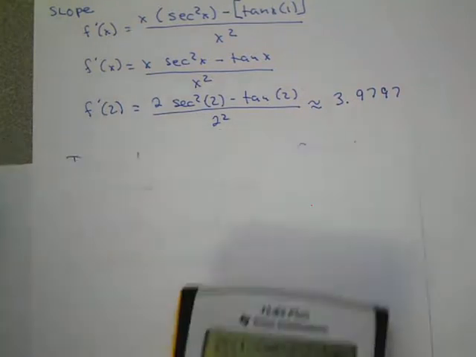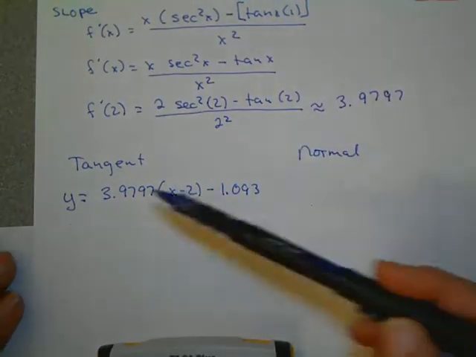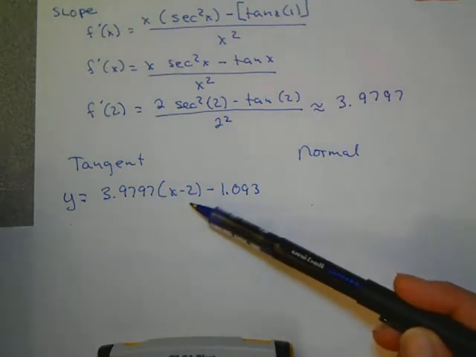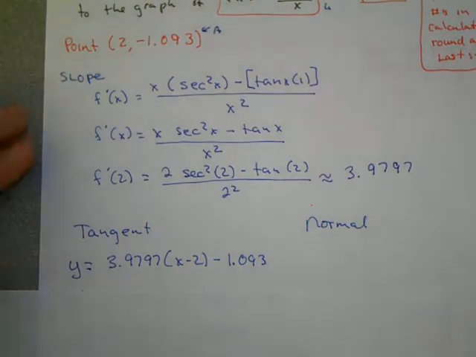Now I have those things in my calculator. I have a point, I have a slope. So I can write down for my tangent line the slope times x minus 2, that's the x coordinate of my point, minus my y coordinate of my point.